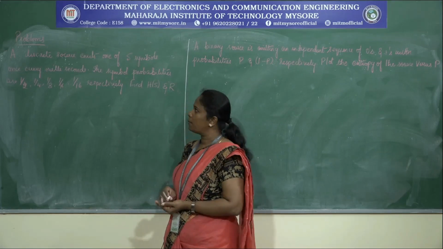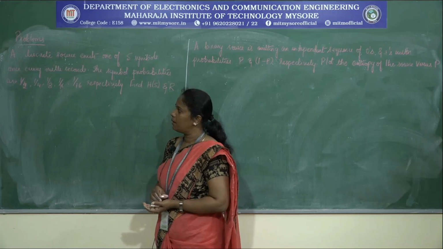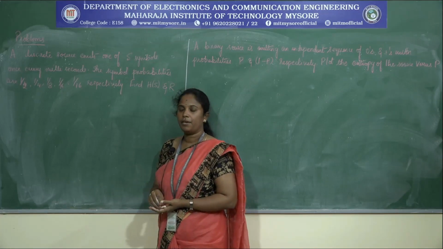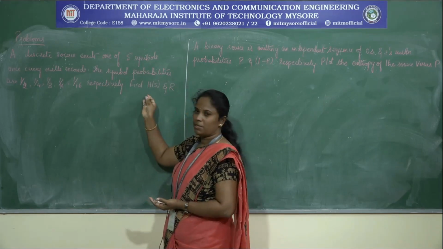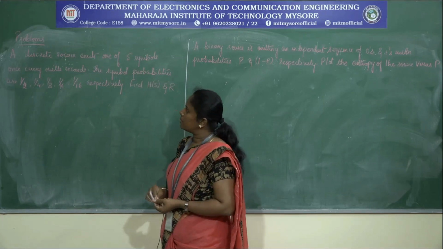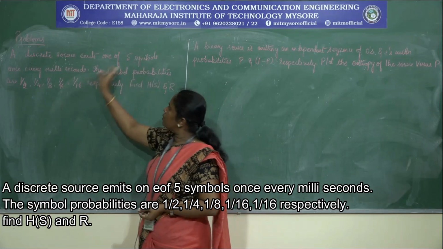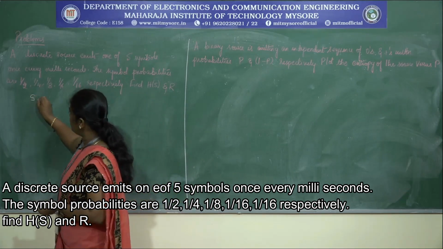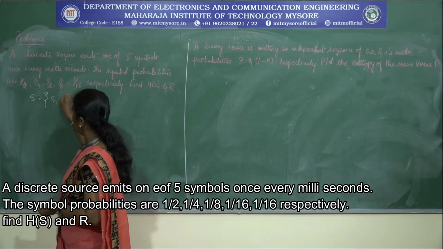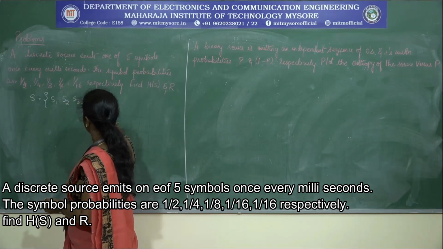Let us look into some examples or problems related to your previous class, that is entropy as well as the average information rate. So the problem statement is like this. A discrete source is emitting 5 symbols. Let us write it as S is equal to S1, S2, S3, S4 as well as S5.